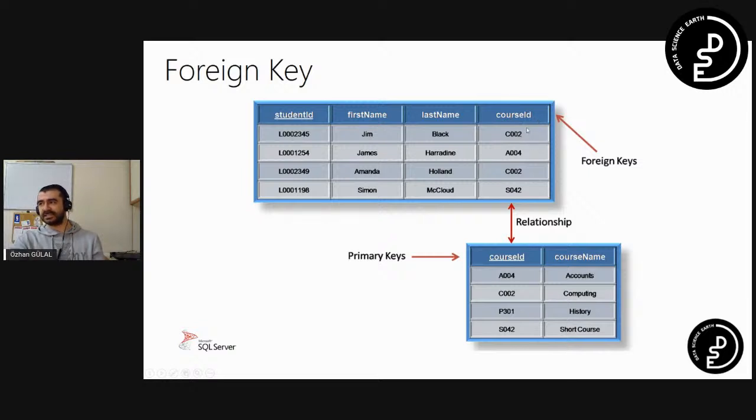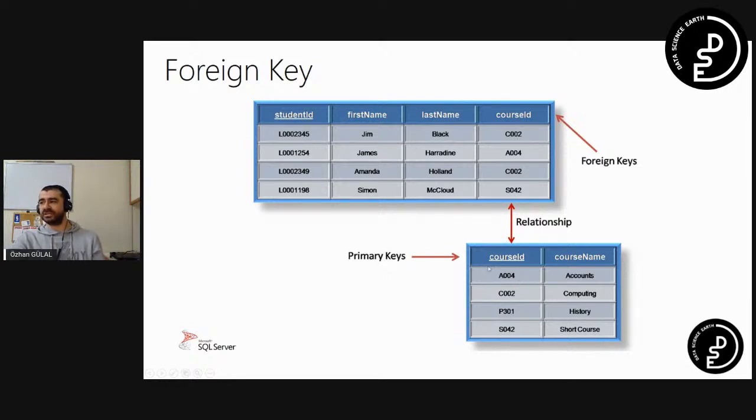This is a foreign key. At the same time, primary key and different table connected to each other between this key. In the course table, course ID is the primary key. In this table, course ID is the foreign key.